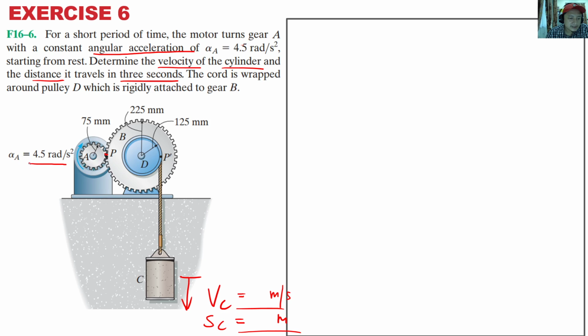So the thing that you should know is alpha A is 4.5. They are in sync with this one. So this big disk is B, so you need to find first alpha B. Very easy. You should pause now. Alpha A RA is equivalent to alpha B RB.